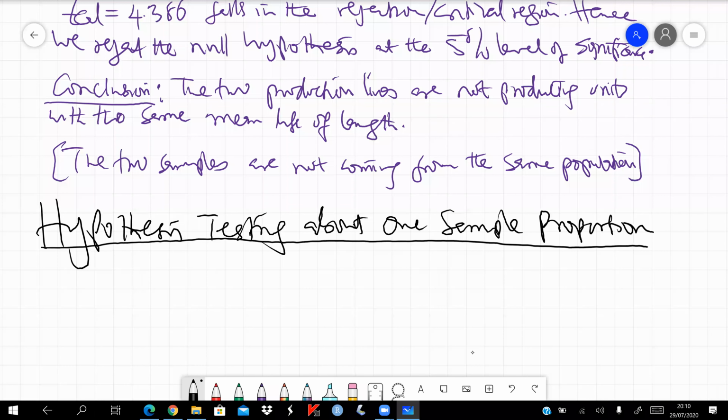Now, let's move to hypothesis testing about one sample proportion. The procedure will be the same. Maybe some of you will get bored because we'll be repeating what we've said. The only thing that will change here are the symbols that we use, because proportion does not use mu.